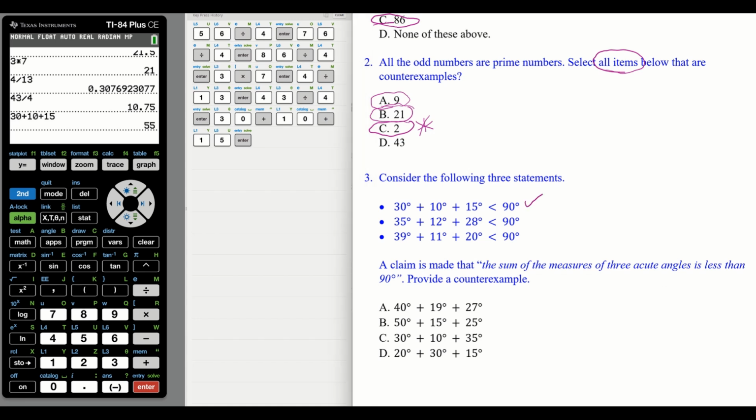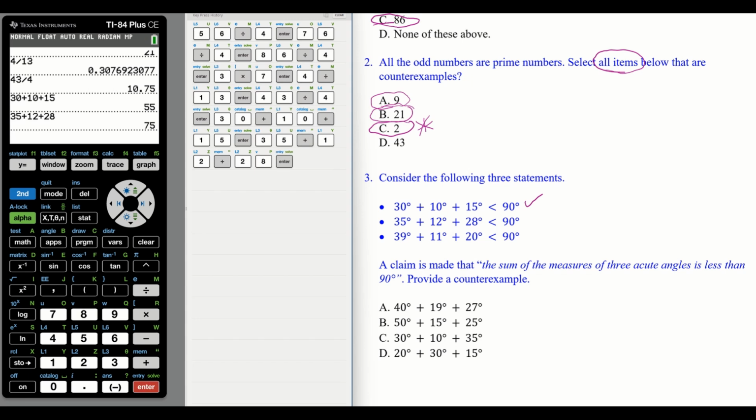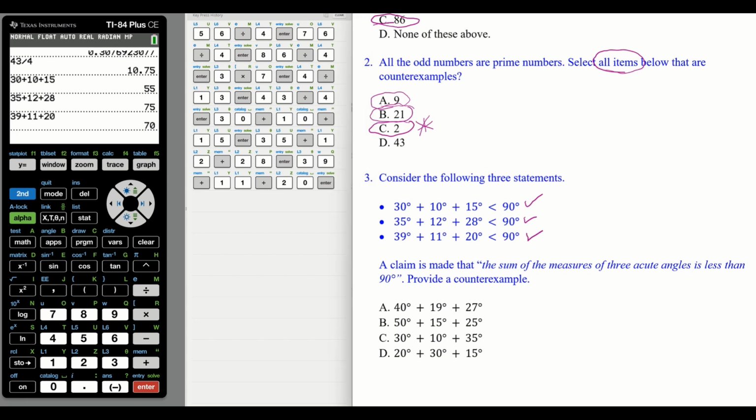Now let's see, 35 plus 12 plus 28. Okay, I believe that. All right, and 39 plus 11 plus, I know this seems like a waste of time, but just double check. Okay, yeah. Now let's keep reading.